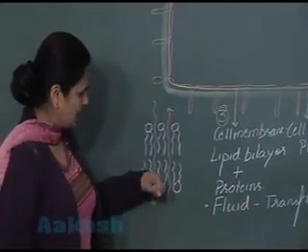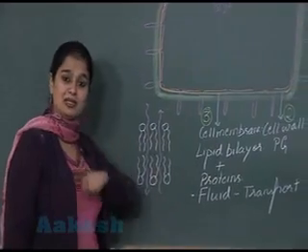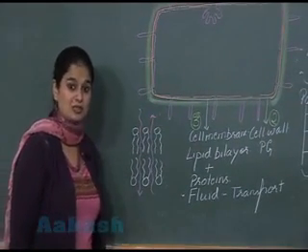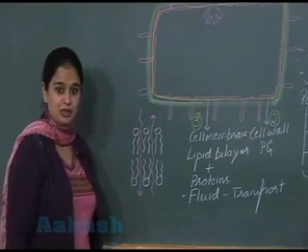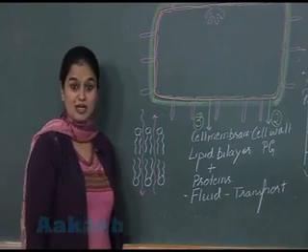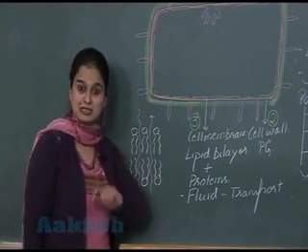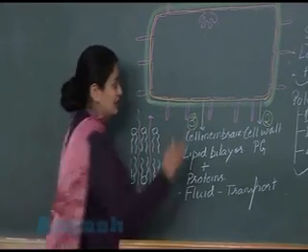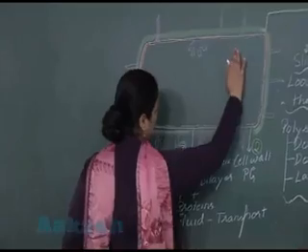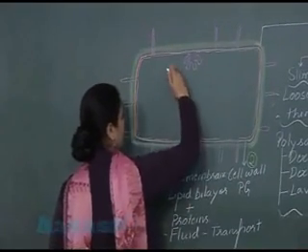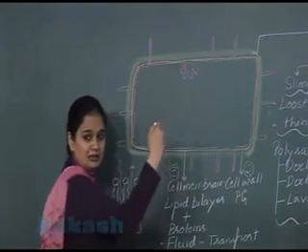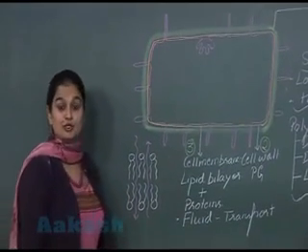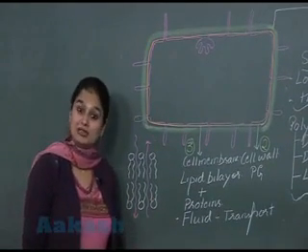Now, if the fluidity of the membrane is high, if the movement of the components is more, there are chances that the membrane will disintegrate. Then the cytoplasmic contents will ooze out of the cell, due to which the cell will die.